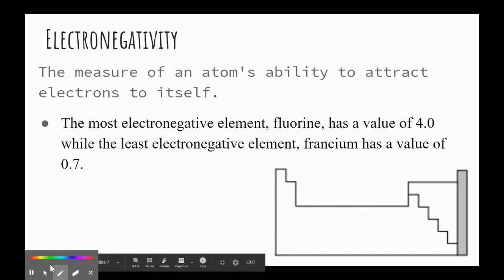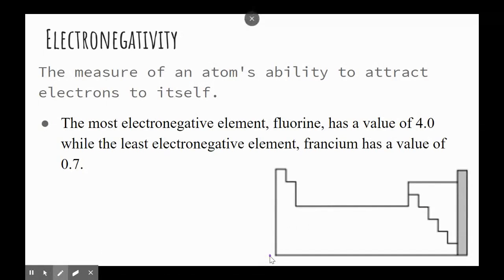If we're looking within a group again, electronegativity increases as you go up a group. That's because it's the nucleus that's attracting the electrons, and the nucleus would be closer the higher up in the group, so it's able to attract them more.